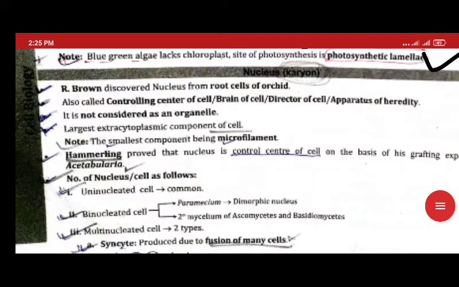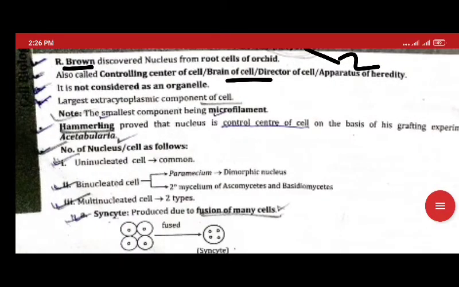So the nucleus is not a cytoplasmic part; it is a protoplasmic part. In protoplasm come the cytoplasm and nucleus. The nucleus has a double-layer membrane. It was discovered by R. Brown, is also called the brain of the cell, and it is not an organelle.